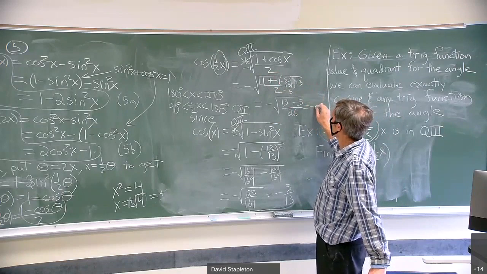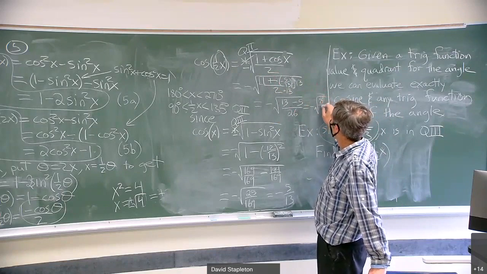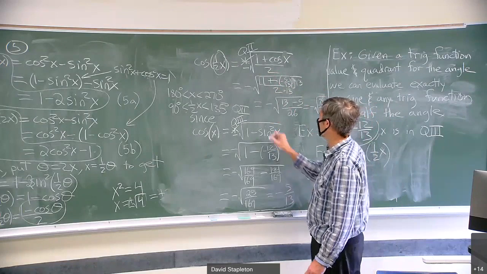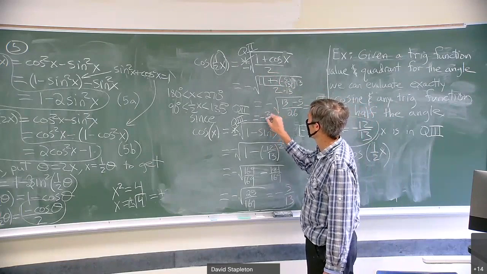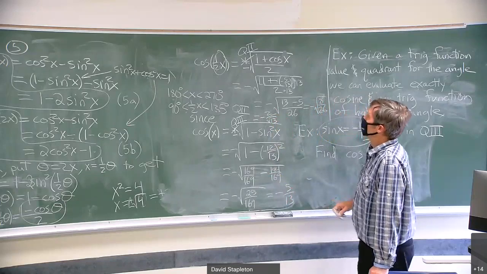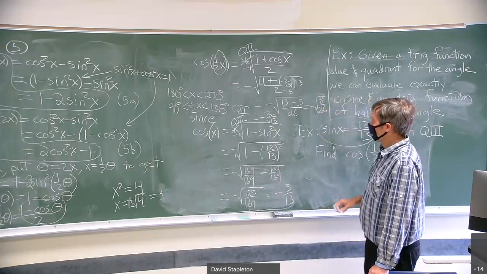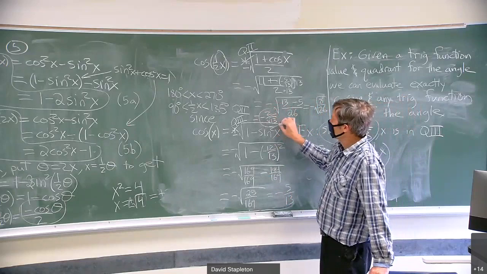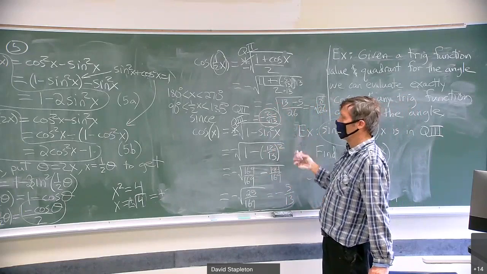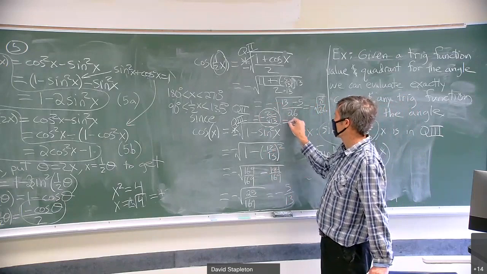So this is minus the square root of 8 over 26, which is the square root of 4/13, or 2 over the square root of 13. This is minus 2 over square root 13, the cosine of 1/2 x. This is a good answer. I'll take this on the test. However, if you look at the back of the answer sheet, they'll rationalize it.